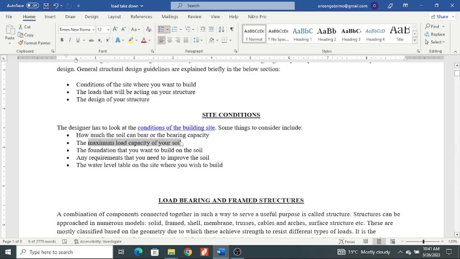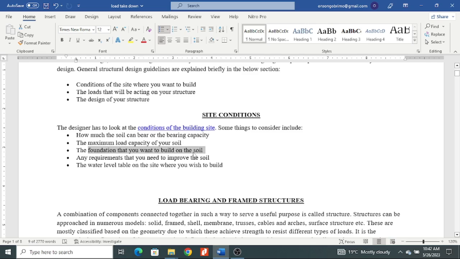You can use the plate load test, where you can test the soil in situ, or you can even take the soil to the laboratory and use the shear box test to find out your angle of shearing resistance and your C, that is the cohesion of that soil, so that you can come up with a bearing capacity of the soil. Also the foundation that I want to build on this soil, some of these things you just determine before you start designing.